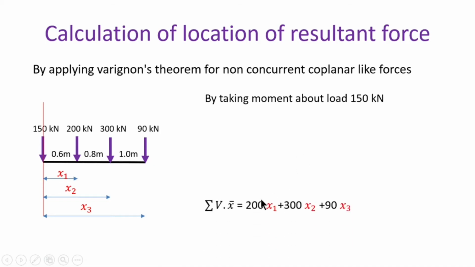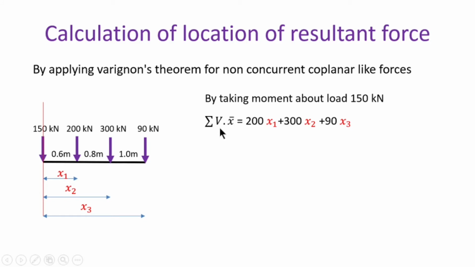So by Varignon's theorem, summation V into x bar is equal to 200 into x1 plus 300 into x2 plus 90 into x3. Here V is the summation of all these forces, that is 150, 200, 300 and 90. So the summation is 740 kN.